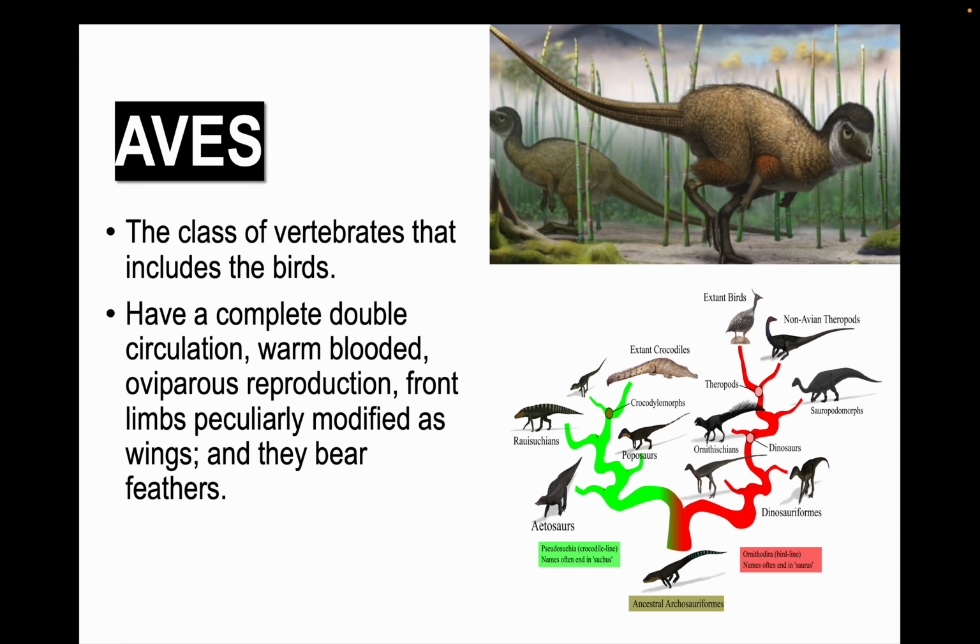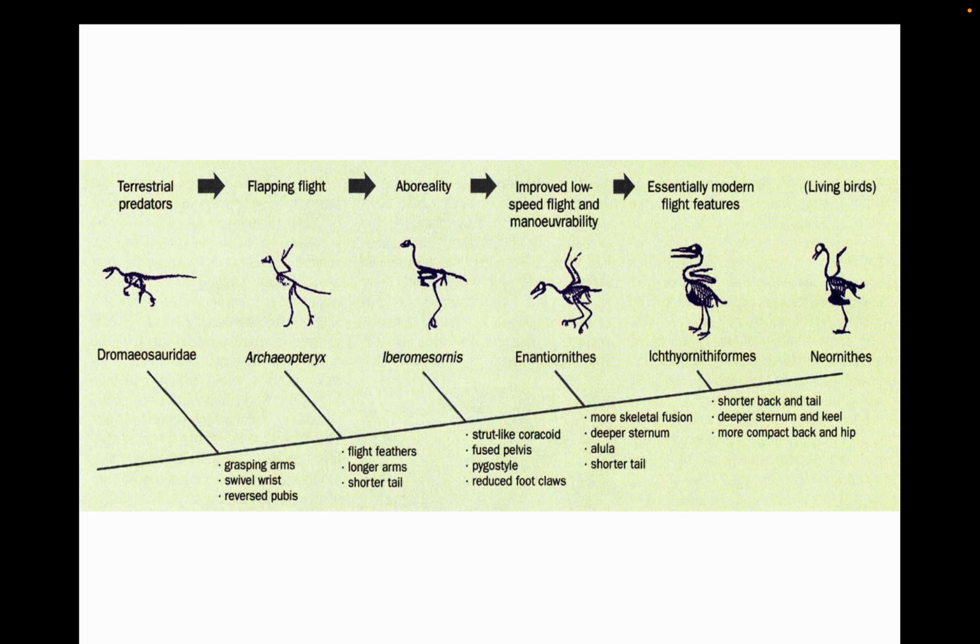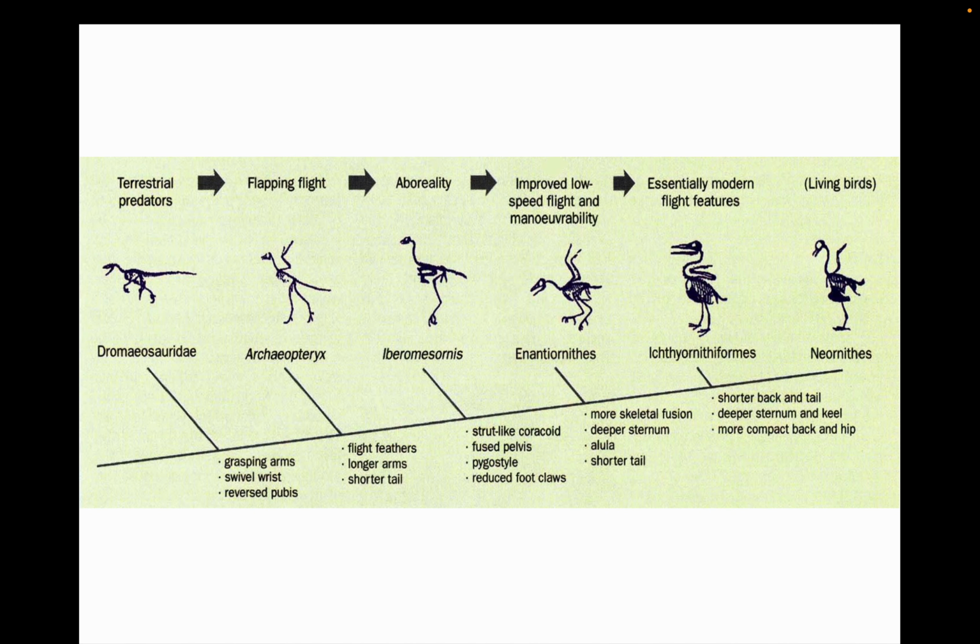So the feather is a modification of the integumentary system specifically for birds. Okay, so some representative groups. Okay, and as you can see here, the progression of the characteristics that have been acquired and adapted over time.